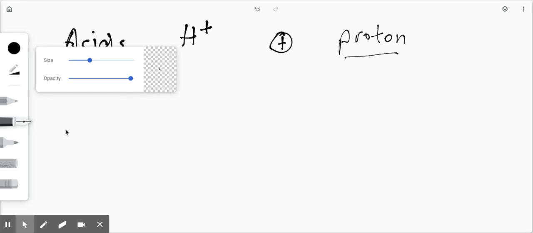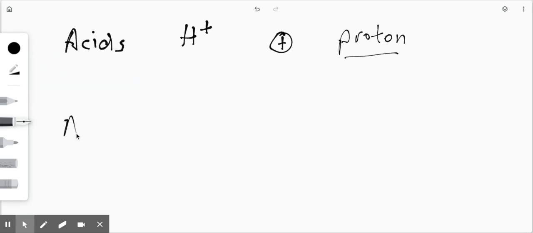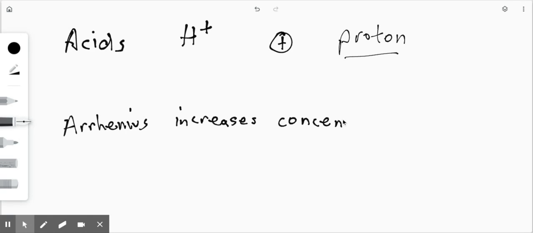So Arrhenius said that an acid, hopefully I'm spelling this correct, is anything that increases the concentration of, can you guess? H plus, which we know is really protons of H plus.